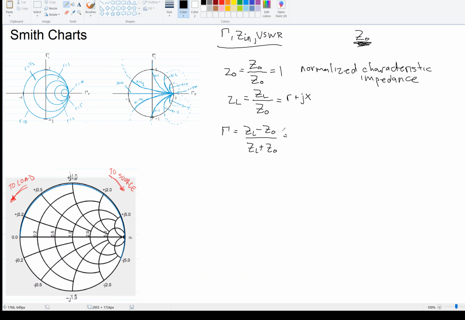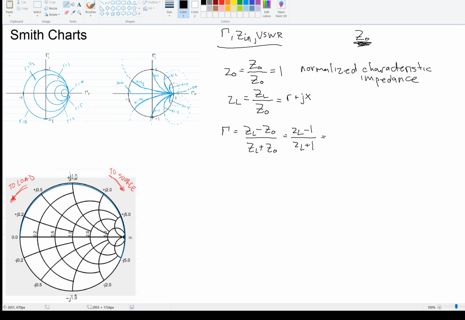Now, if I divide everything there by Z0, to the numerator and the denominator, then gamma does not change. So I don't need a different gamma here. This is still the same gamma. I'm not changing that. So this would become lowercase zL minus 1 over lowercase zL plus 1.